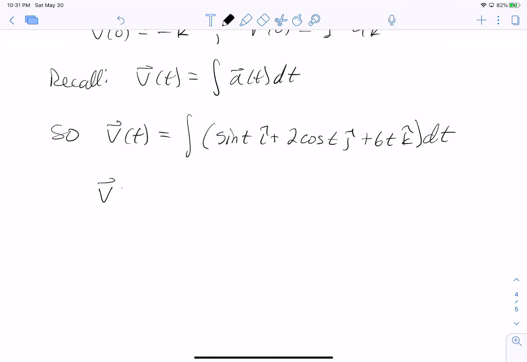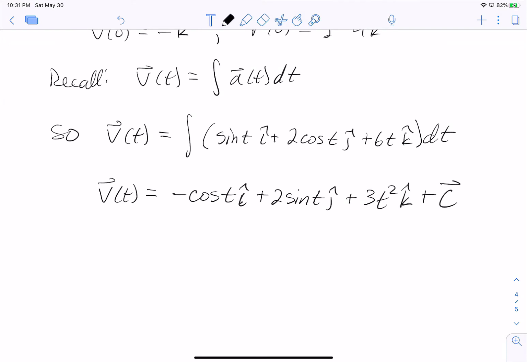Here, by anti-differentiating, we find that v(t) is equal to -cos(t)i + 2sin(t)j + 3t²k + c, a vector constant of integration, or constant vector of integration.